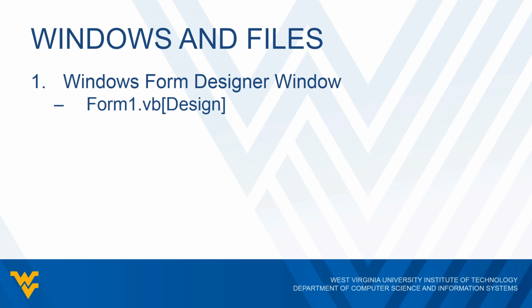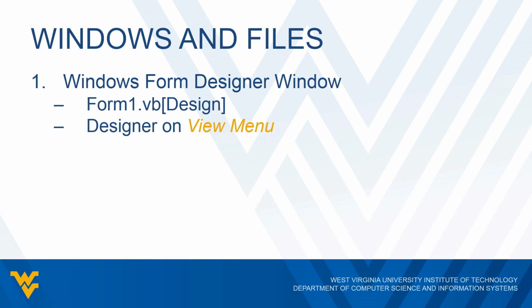It's the designer window, so we can actually see the design view of our form that we're going to create. And this is what's called designer in the View menu. So if you close it by accident and you don't know how to open it up, you can go into the View menu and select designer, and it would show that design view of our project.